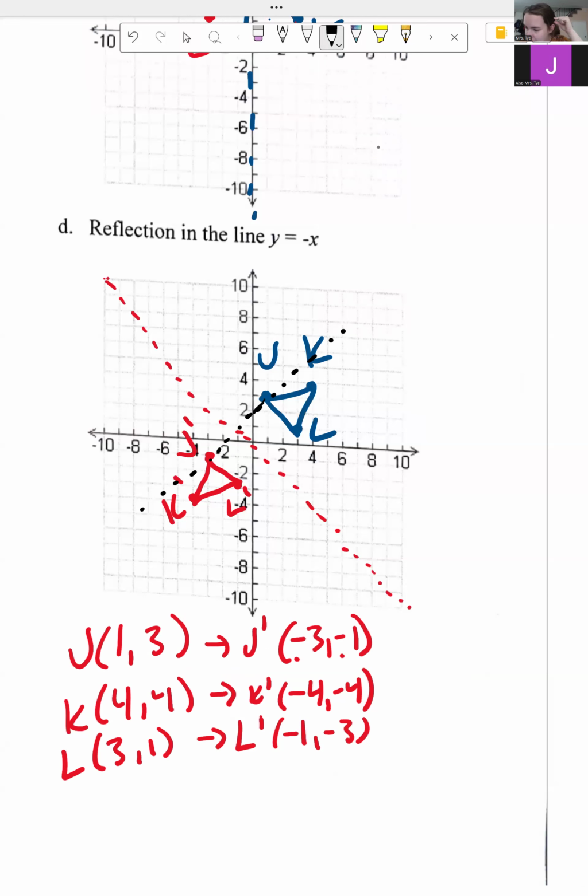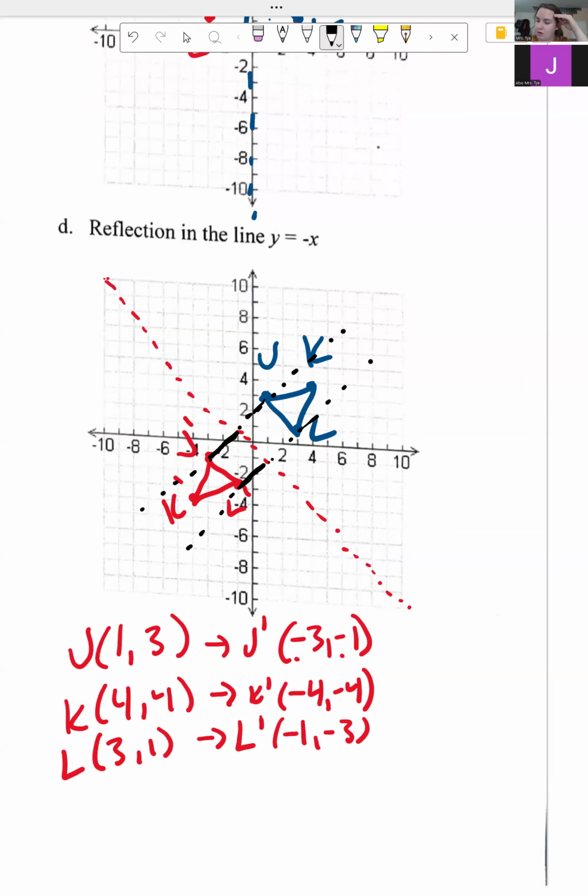So it's 2.5 boxes away, and then this one is 2.5 boxes away. Looking at L to L prime, that one is 2 boxes away, and this one is 2.